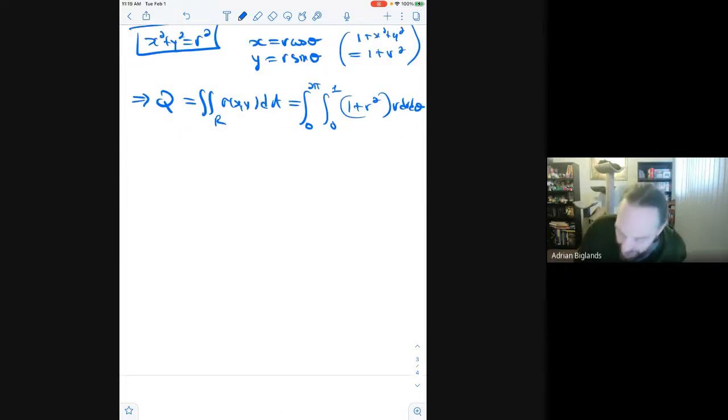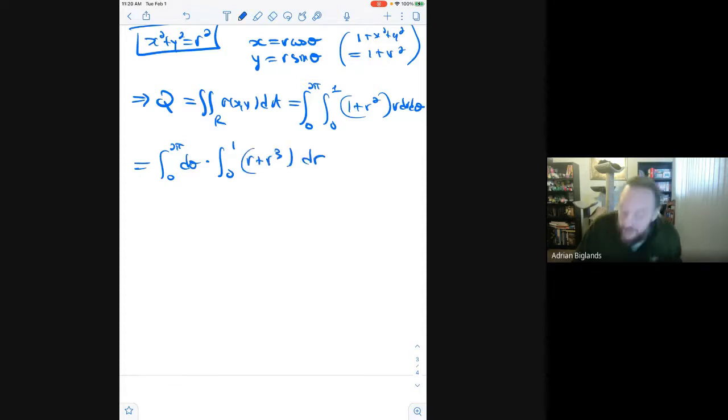You can, of course, split this. This is the integral from 0 to 2 pi d theta times the integral from 0 to 1 of 1 plus, let's just distribute that in there, r plus r cubed dr. Once I have this, I can just compute these integrals separately. They are going to be theta evaluated from 0 to 2 pi times 1/2 r squared plus 1/4 r to the 4 from 0 to 1.